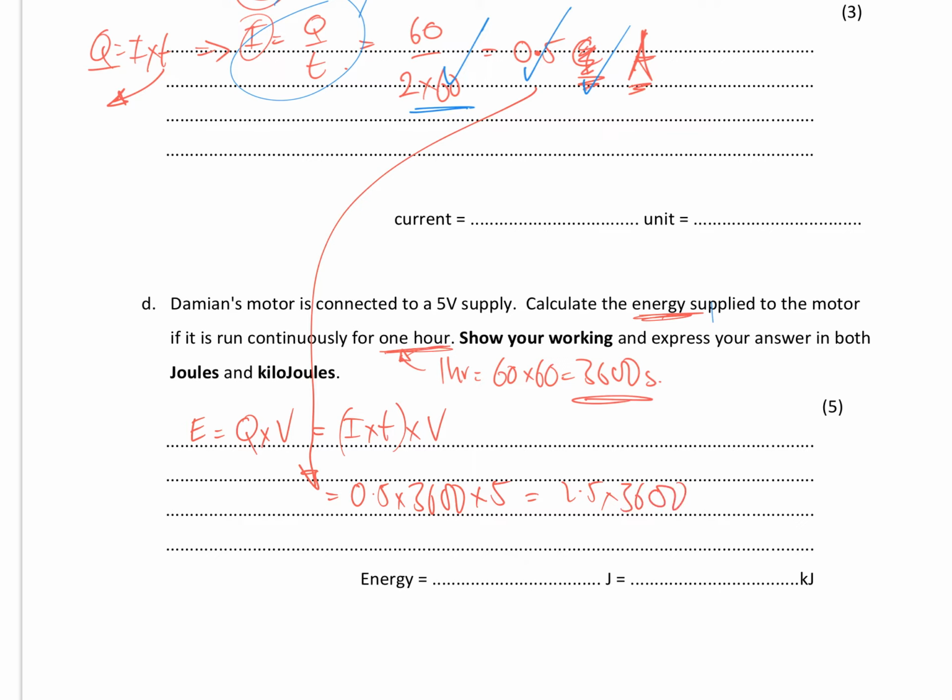And I might need to just make absolutely sure I know the answer to this one. It's going to be 9,000 joules. Good. So a mark for knowing this equation, a mark for conversion, a mark for the answer, a mark for the unit, and a mark for the workings. 5 of them.